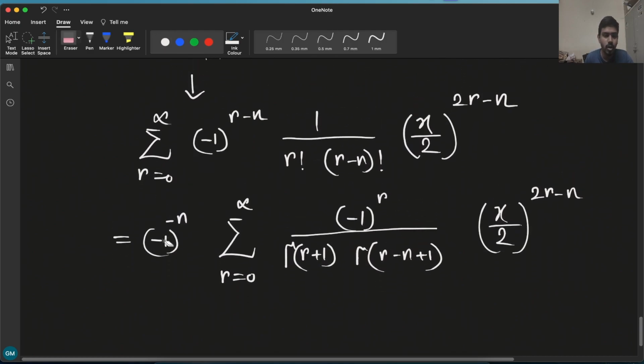And this minus 1 whole to the power minus n, I can write as minus 1 whole to the power n.